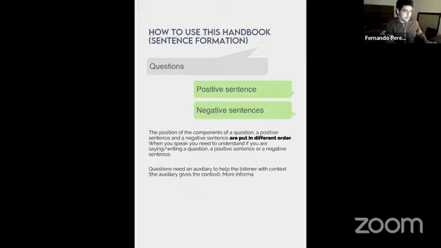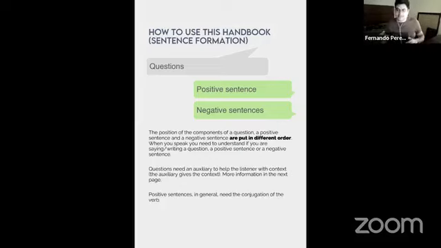For information in the next page. Positive sentences in general need the conjugation of the verb.